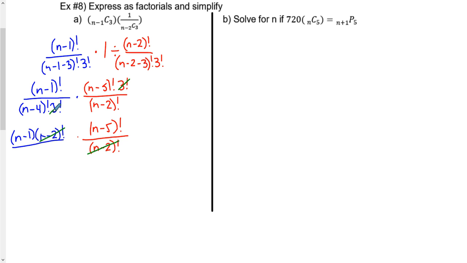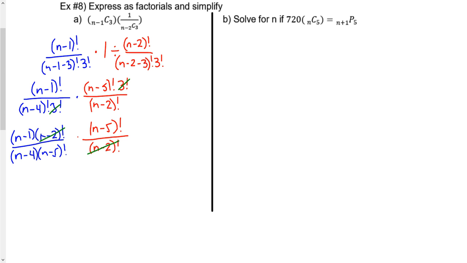So the last thing that we need to look at is this n subtract 4 factorial. Well, 1 less than n subtract 4 is n subtract 5, which is exactly what will be left in the numerator here. So that's going to help us do this nicely. N subtract 4, and then we'd have an n subtract 5 factorial.